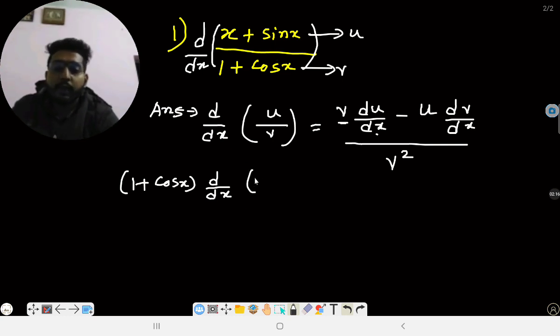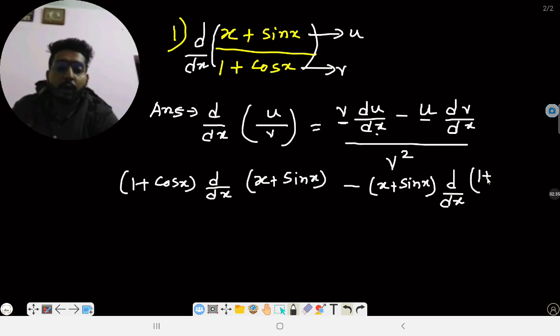Here u is x plus sin x. Then minus u. Now what is u here? Same thing, x plus sin x, then d/dx of v. What is v here? We can see v is 1 plus cos x. So this is the v.